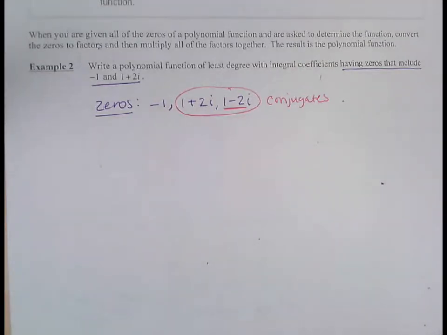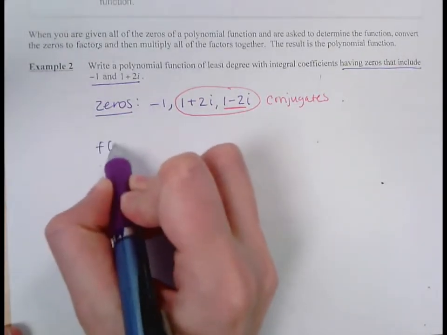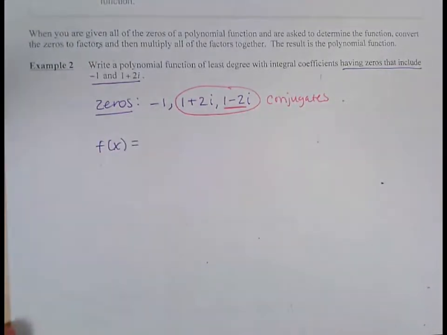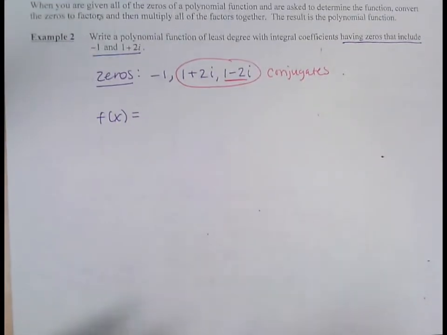Okay, so now we are taking the zeros and writing the function. So it is the reverse of what we just did. We had the function, we found the zeros, we're working backwards. So how to do this is, I'm just going to put f of x equals, because we're writing the function. It's very similar to when you were given the roots of a quadratic equation and I asked you to write the equation.